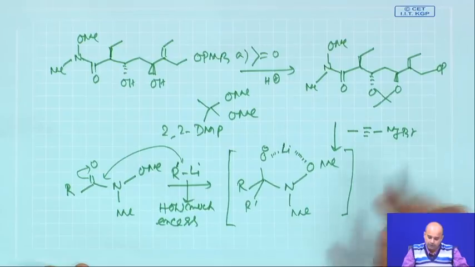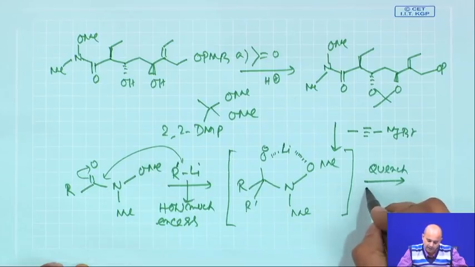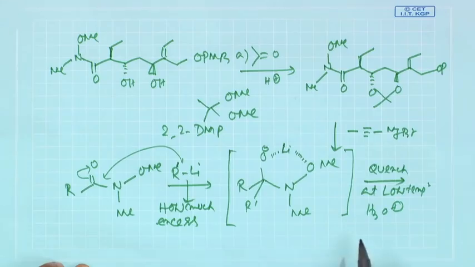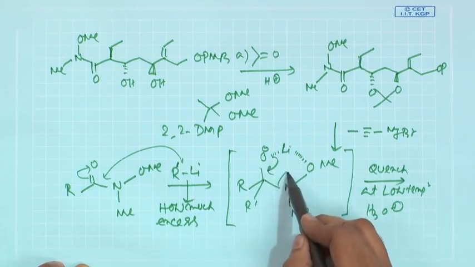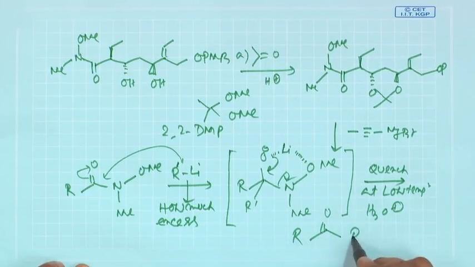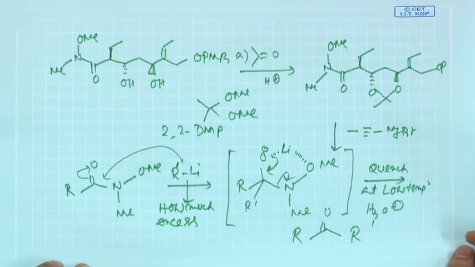Now, you can quench the whole reaction mixture at low temperature through acidic workup. Basically, it comes here, gives you back the corresponding ketone without getting the tertiary alcohol.